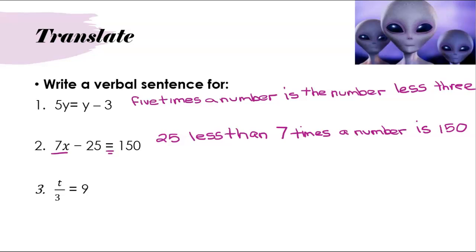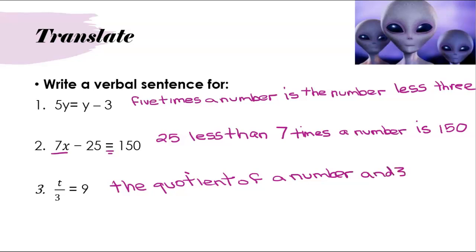I think that would be a good way to say it, because we're dividing t divided by 3. So the quotient, that's the answer, of a number, that's our numerator, and 3, and then we do is 9. That's a little harder.